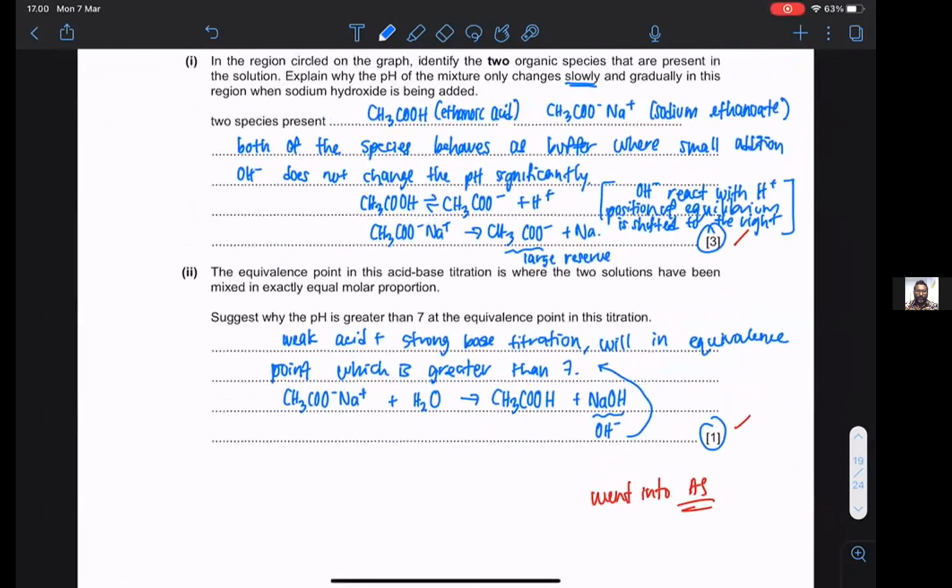At equivalence point, you do have this ethanoic ion. This ethanoic ion is going to react with water, where it is going to give you sodium hydroxide, which is going to produce OH minus. So this presence of extra OH minus is going to give you the basic property, which is pH slightly greater than 7.